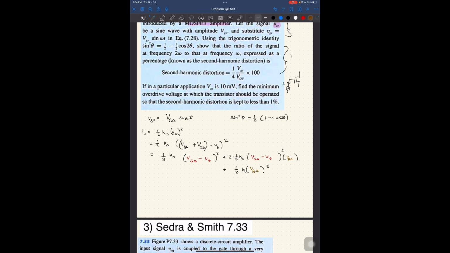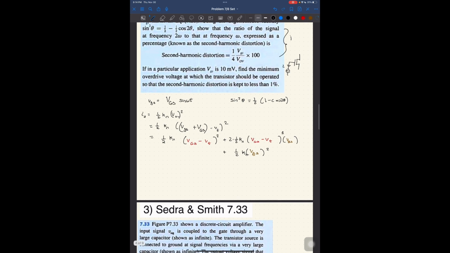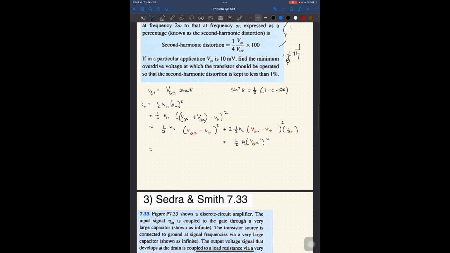Now, it's very simple to proceed, and we proceed by substituting my vGS equals my capital VGS sine omega t, which was given to me in the problem. So it's equal to half Kn (VGS minus VT) squared plus Kn (VGS minus VT) times little vGS, which is nothing but VGS sine omega t.